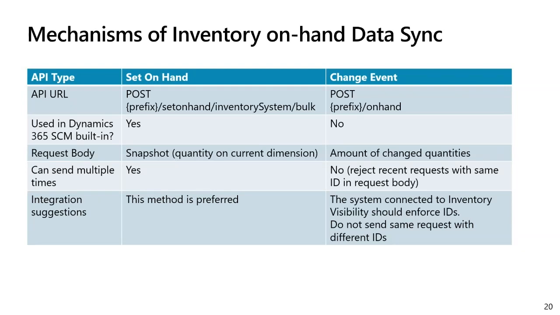So the magic for being okay with sending duplicate data is that inventory visibility service actually provides 2 types of ways to send inventory data. The first method is what is called set on hand. With this API, we send the newly updated quantity as the result.